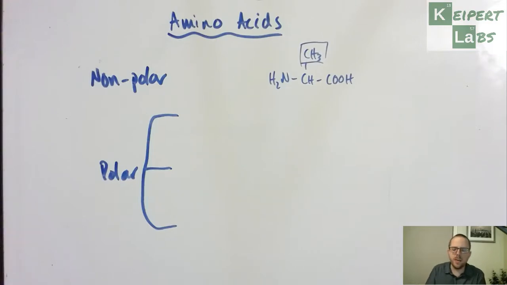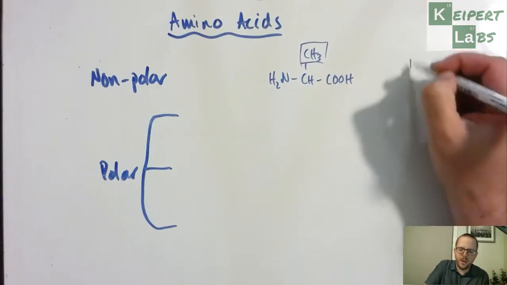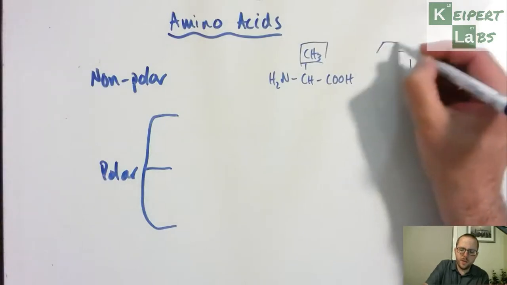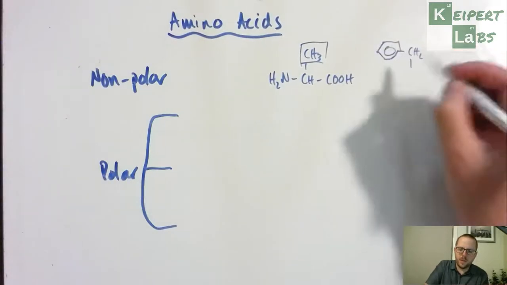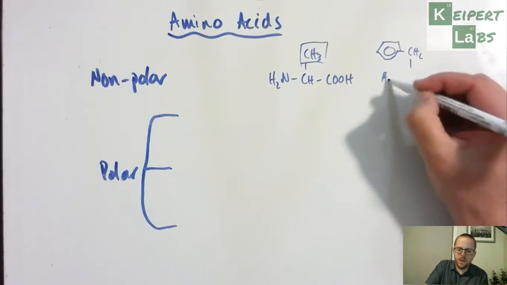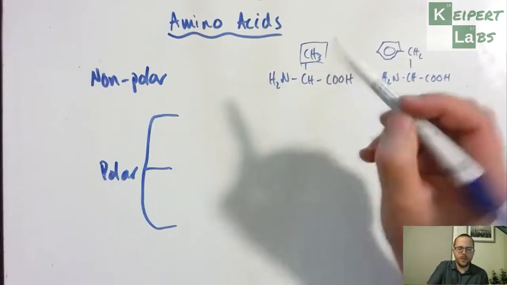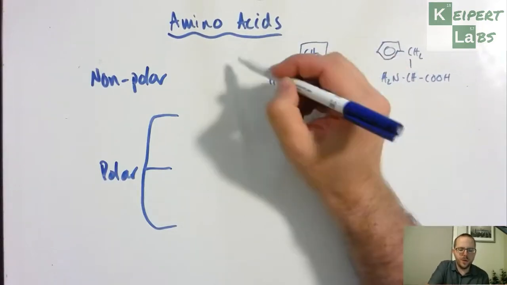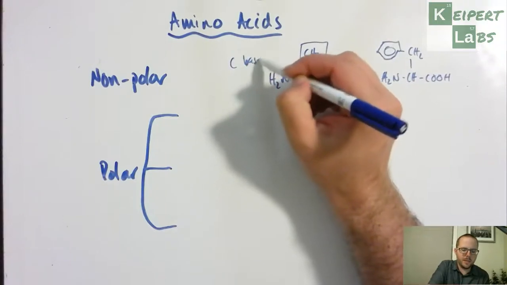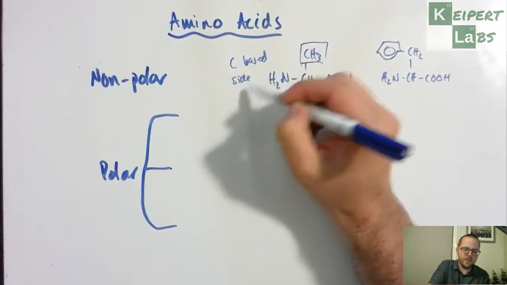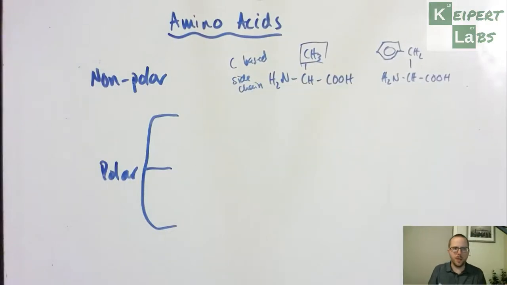So phenylalanine would have our CH2 and then a benzene ring that looks like that off the side of our amino acid. So our definition is a carbon-based side chain. It's a bit vague, I suppose, but it is typically just carbons. There's no other polar groups that are attached.